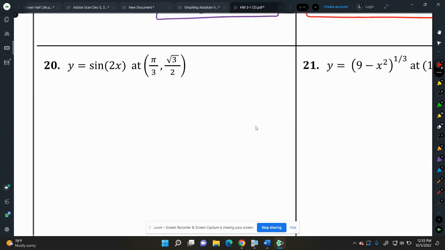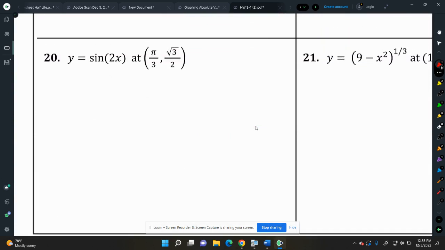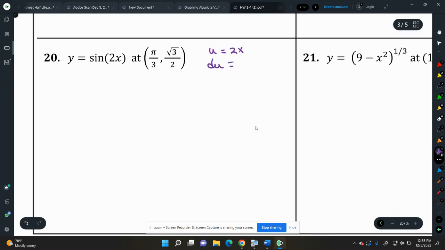Okay, number 20. Oh, now we got trig. Oh, no. Okay, you want outside, inside, or U sub? U sub? Yeah. What would u equal? 2x. Okay, so du is 2 dx, right? Okay. So y is equal to sine u. y prime, what are we going to do?